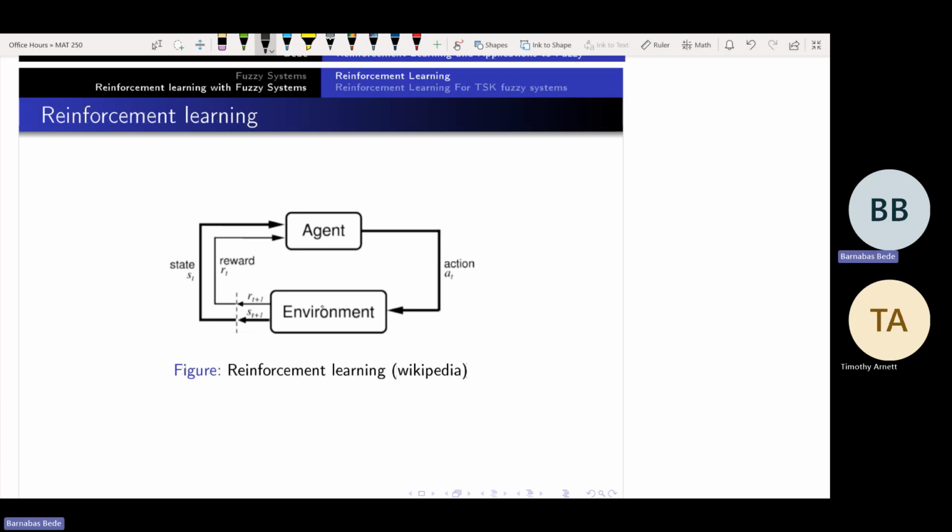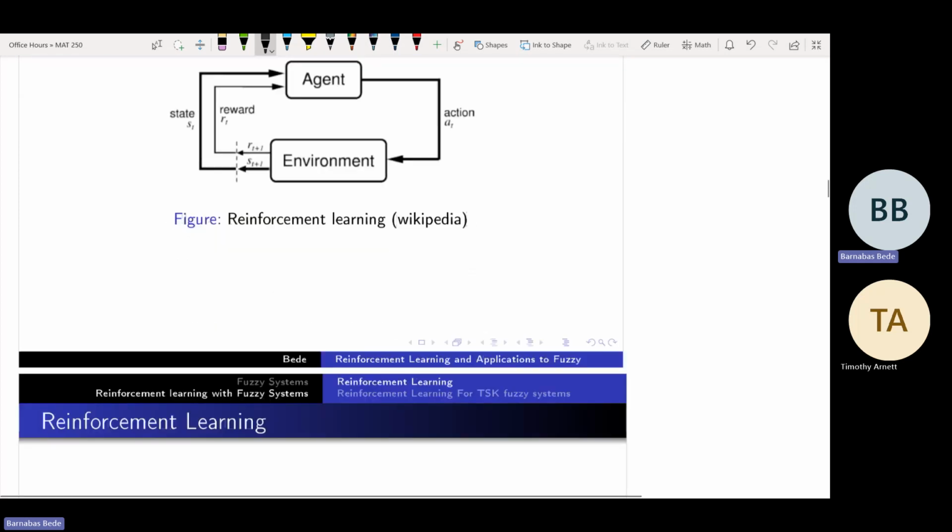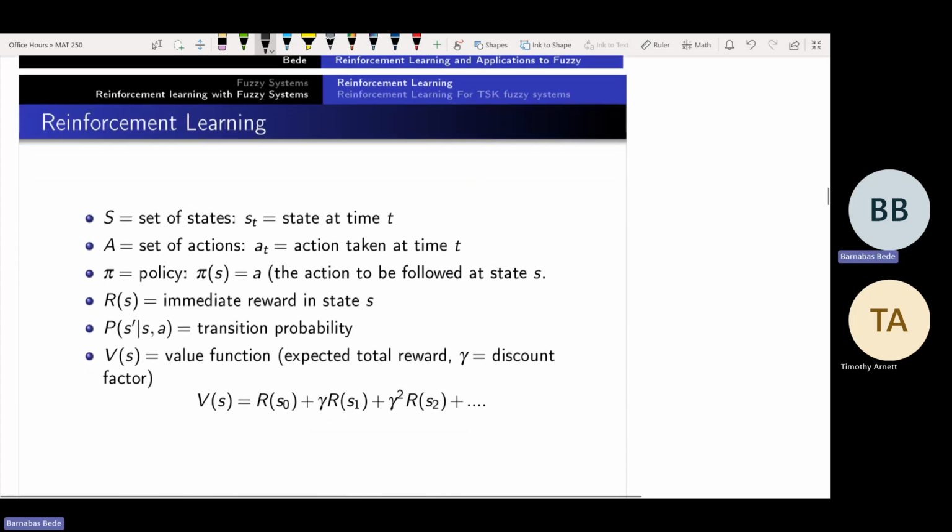The action influences the environment and changes it, and the environment responds with a new state and a new reward, r_{t+1} and s_{t+1}. Some terminology related to reinforcement learning: capital S is the set of states, the total set of all the possible states in the given problem.